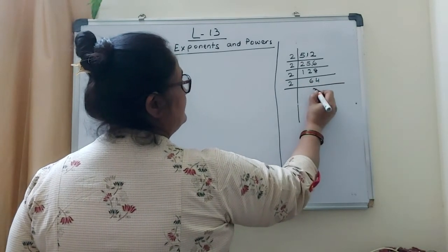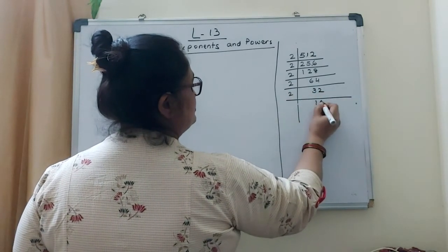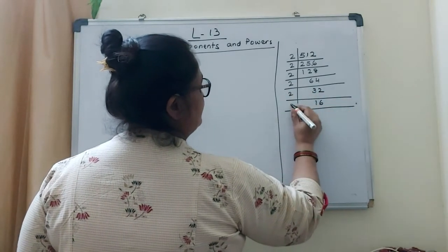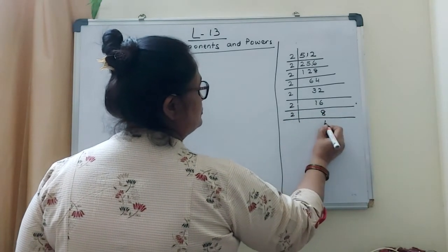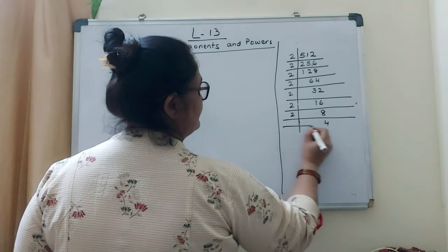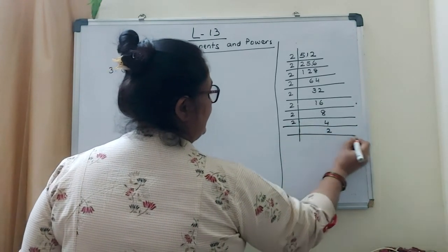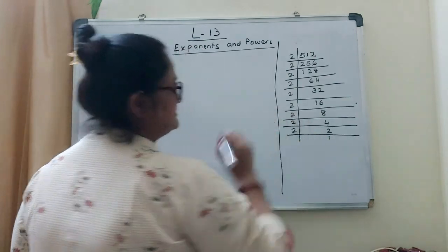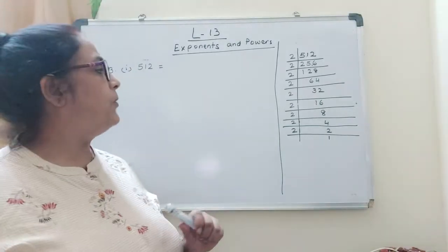Divide with 2 again, 32. Divide with 2, 16. Dividing it with 2, 8. 2 fours, 2 twos, and 2 ones. The last factor that I get out here must be 1.